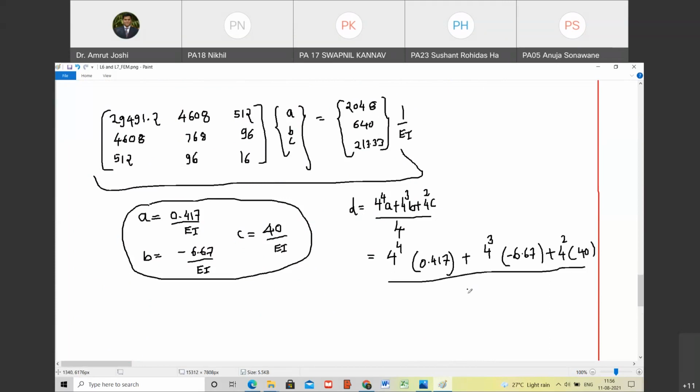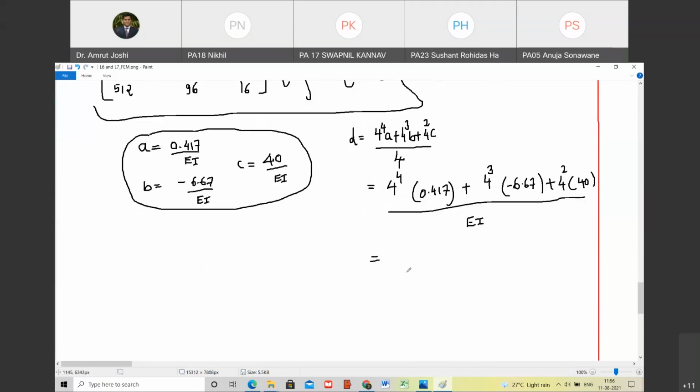How much is this? 4 raised to 4 gives 319.872, a positive value, by EI. So what is the expression for V now?